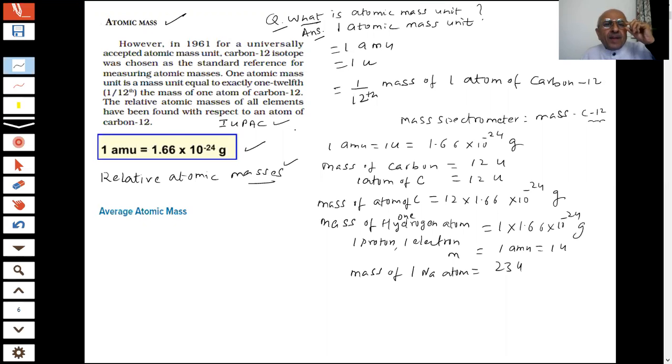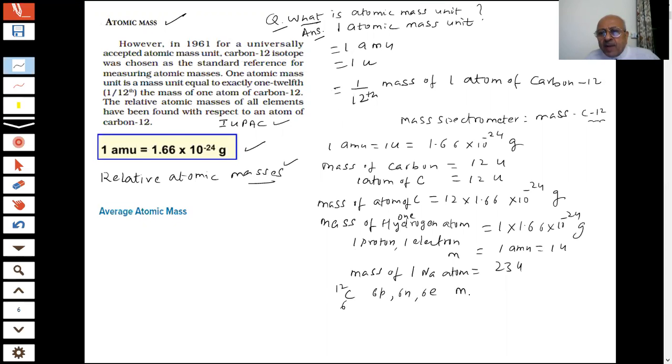They decided that carbon 12 is a very stable isotope. The mass was determined by mass spectrometer, and because carbon has 6 protons and 6 neutrons, the mass will be, if I take carbon, student, it is written like this. Carbon has 6 protons, 6 neutrons and 6 electrons.